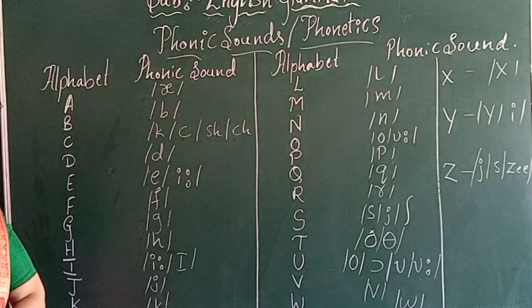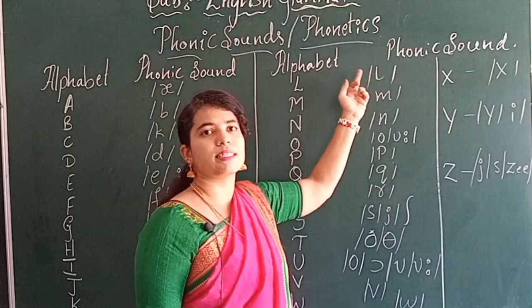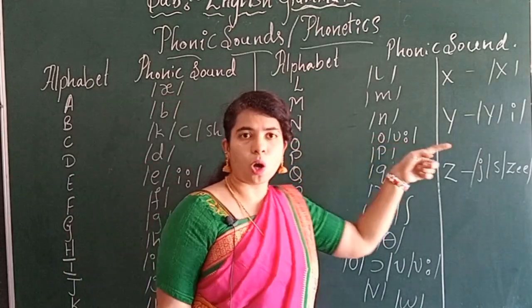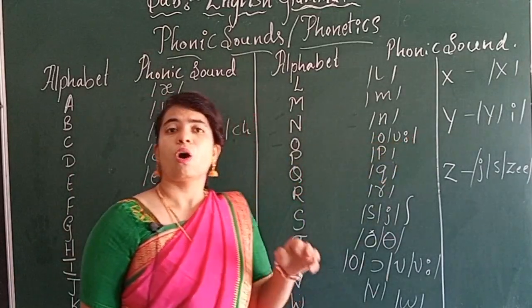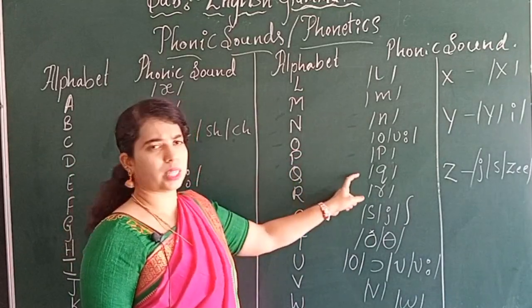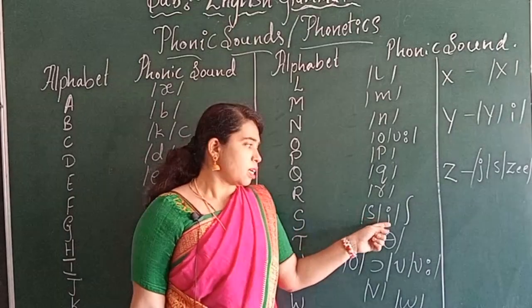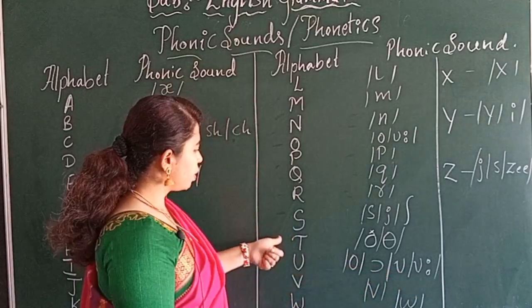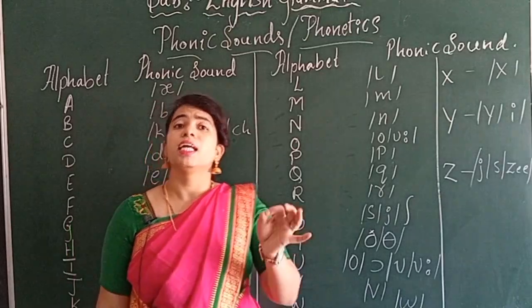K is directly used as K. L, the pronunciation of L is L. M, N. O is used in 3 different cases: O, U, O. P used as P. Q used as K. R used as R. S used as S, Z and Sh. T used as T and Th.